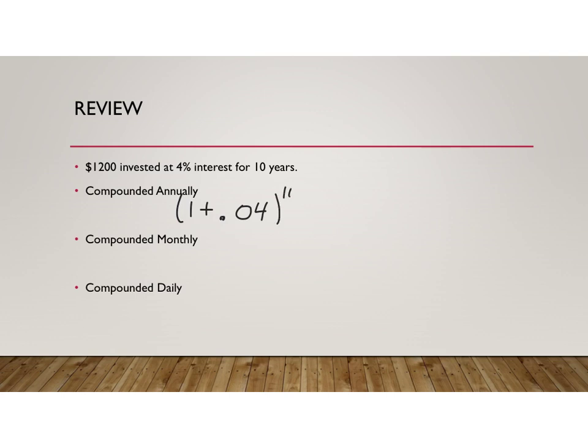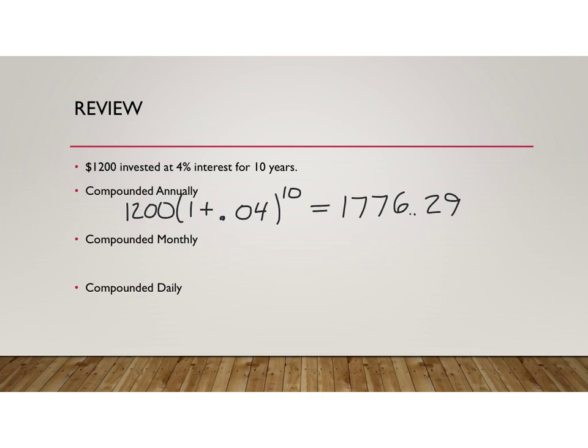I would take it to the 10th power, because it's 10 years, and multiply by 1,200. So if I take 1,200 times 1.04 to the 10th power, I have a total of $1,776.29.